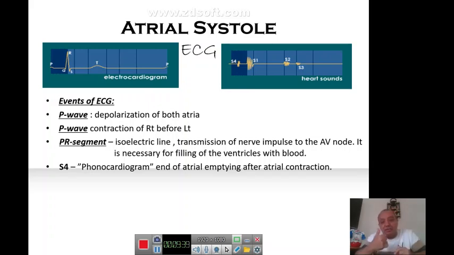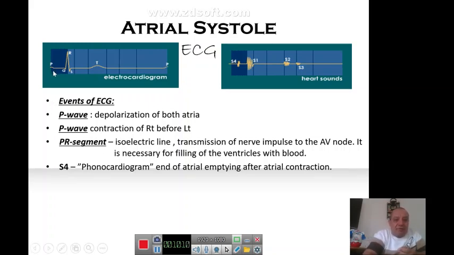And we said last time why we have contraction of the right atrium and left atrium as one unit: because it is striated muscle, and second, it is covered by one specialized layer which spreads the depolarization from one to the other. So if we have complete depolarization in both right and left atrium, finally we have contraction of the atria as one unit.